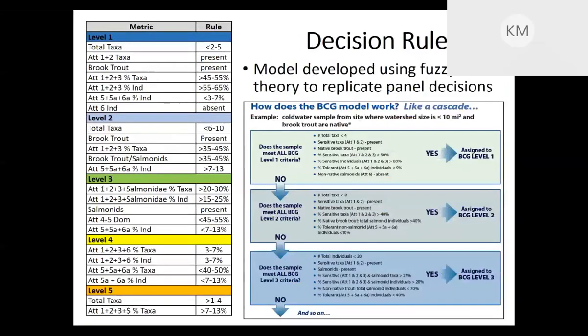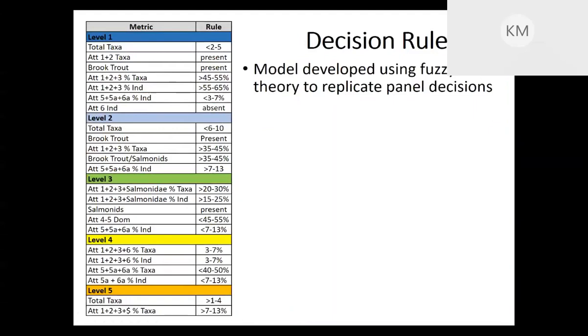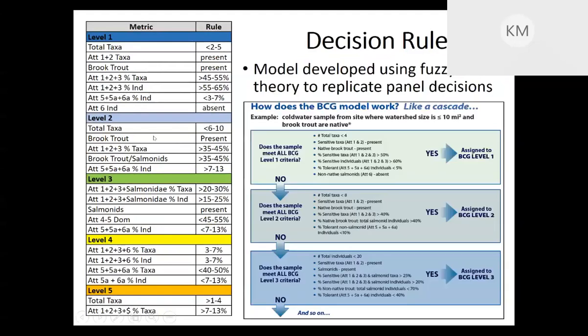Because you want to develop a list of decision rules for these different BCG levels. So in this case, this is the rules for our cold water fish BCG model. And so there's a series of rules that are needed in order for a site to be considered a level 1 or a level 2 and so forth. And basically it works like a cascade.